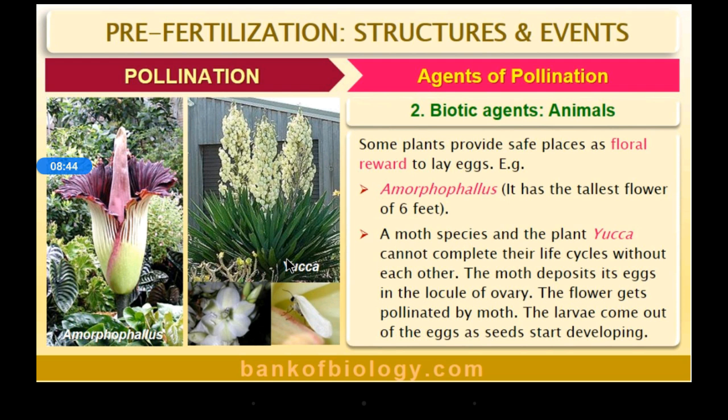A moth species and the yucca plant cannot complete their life cycle without each other, because the moth deposits its egg in the locule of the ovary, the flower gets pollinated by the moth, and the larva comes out of the egg as the seed starts developing. That is the relationship where both are mutually benefited.